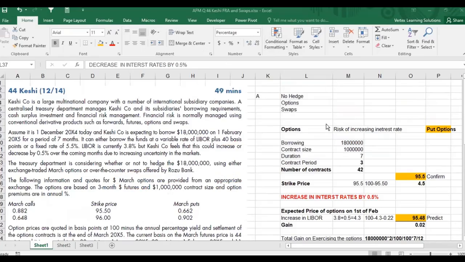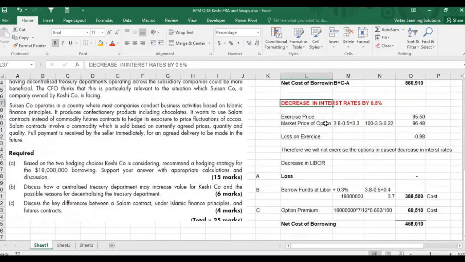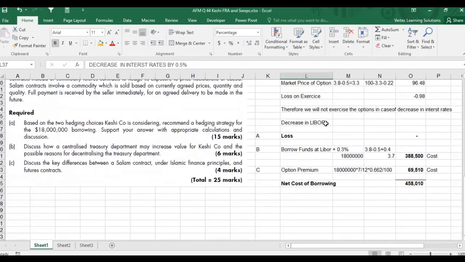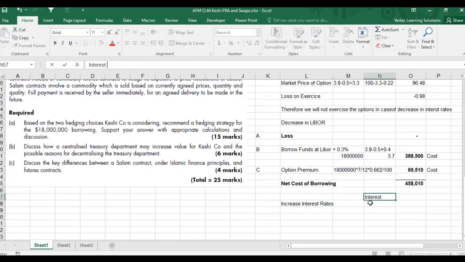Okay, sir. So this is 458,010. Now, if you want to calculate, I say that with an increase in interest rates, my interest cost is, and I would say interest rate.